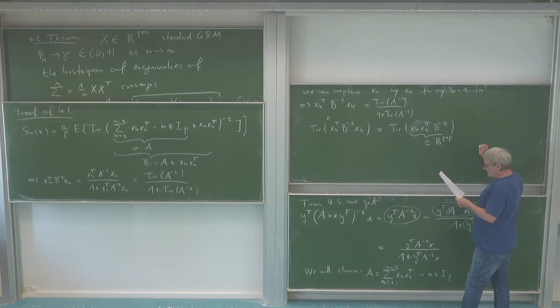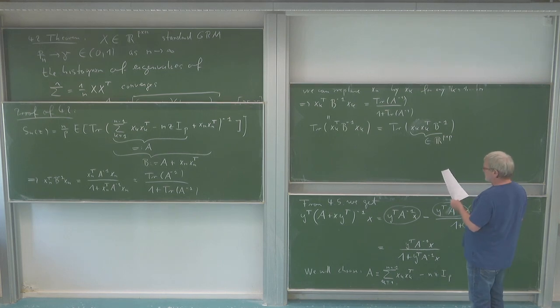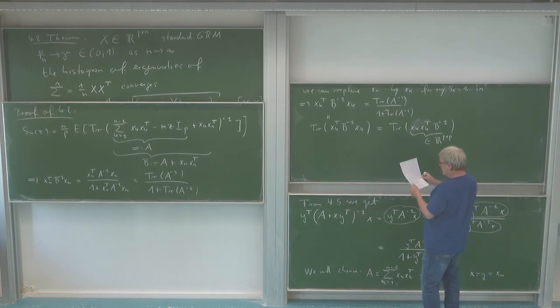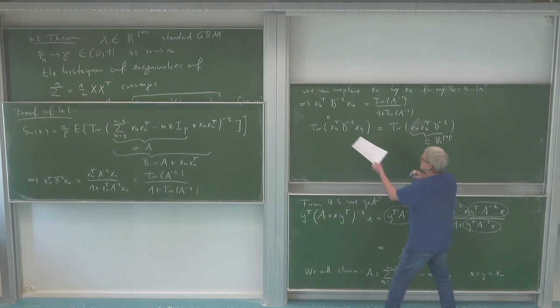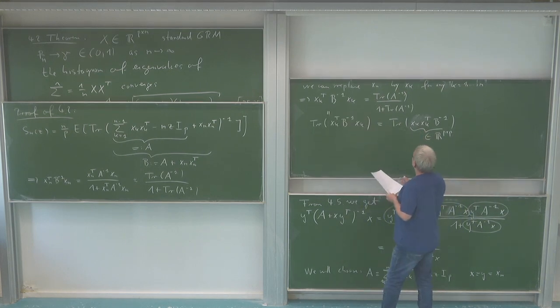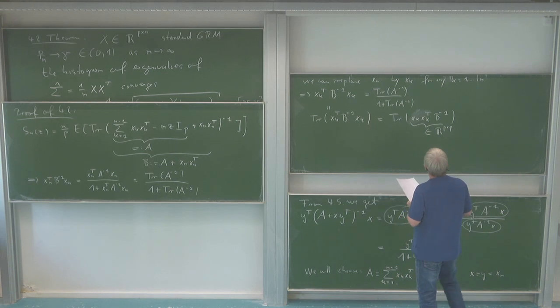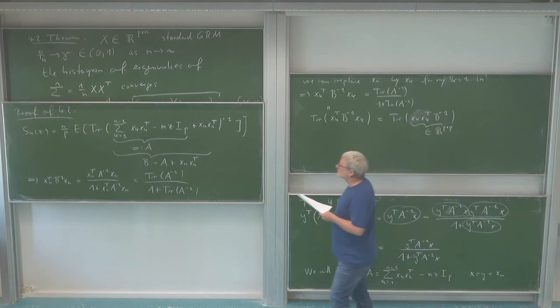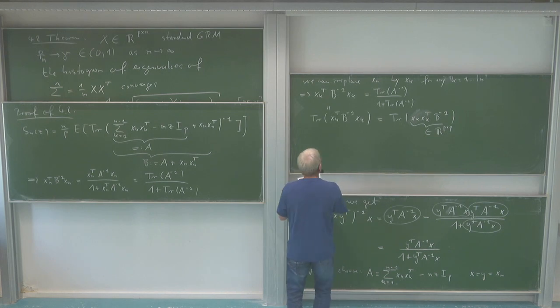Yeah, and so what do we actually see now? That I can write this as a trace. Okay, and I have this for each k, and now I should be summing over the k's, because that's what I really want in the end. So let me now maybe go back to this.